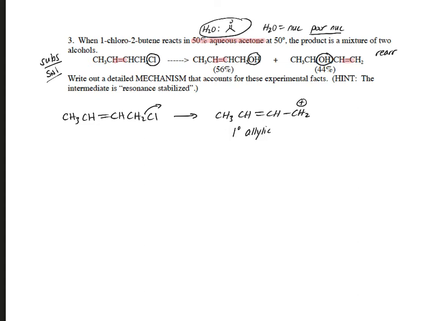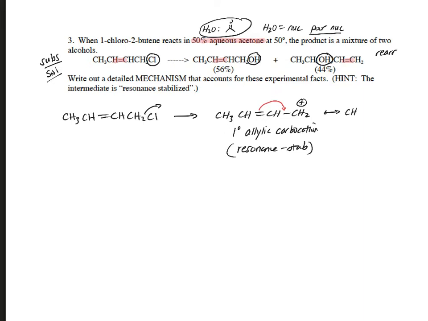Now, primary allylic carbocations are resonance stabilized. And we're going to take advantage of that and draw the resonance structure. To draw that resonance structure, I'm just going to move the pi bond. So I'll take the double bond and move it over there. And we'll draw that resonance structure right here.